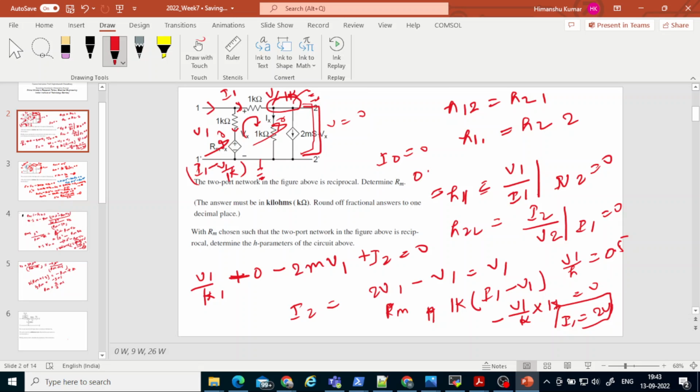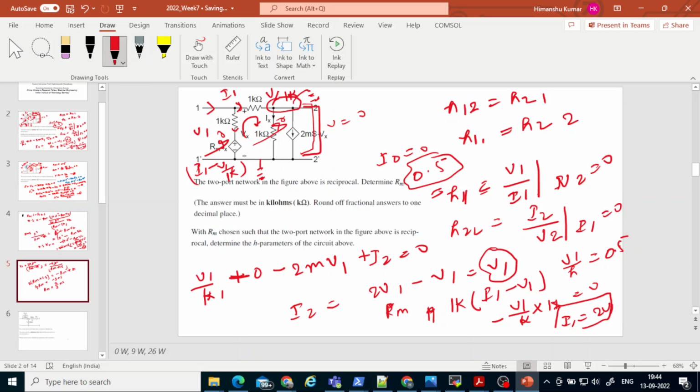So h11 is 0.5. Similarly we can find I2, so I2 is our V1. So I2 by V2. So now let's open circuit. Our H11 is 0.5.